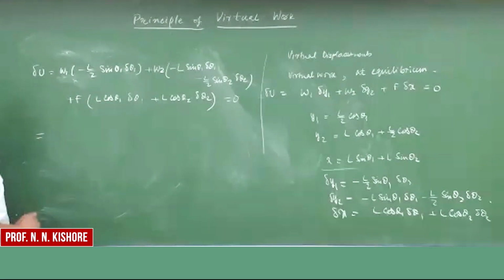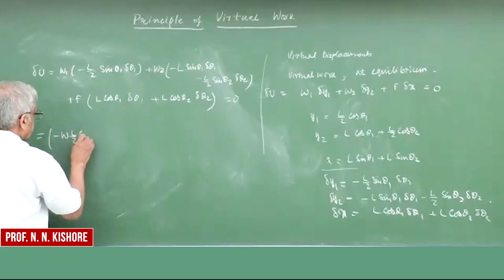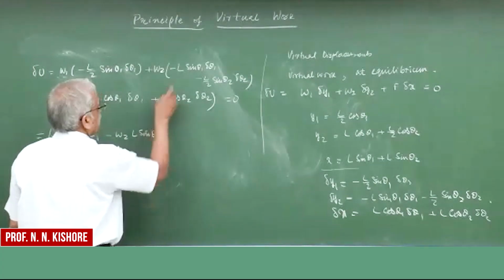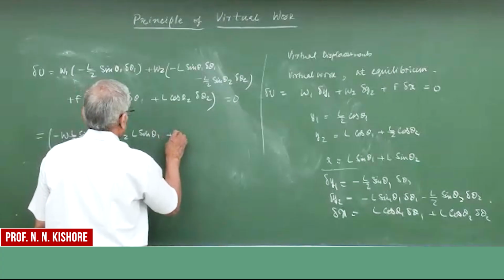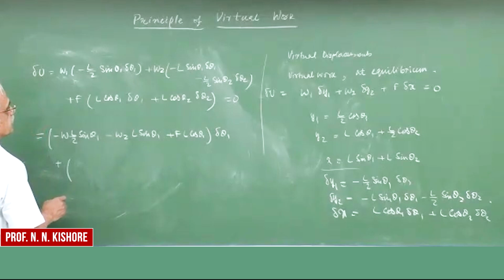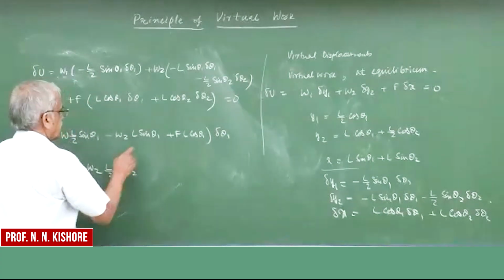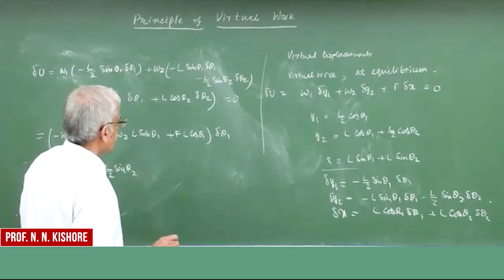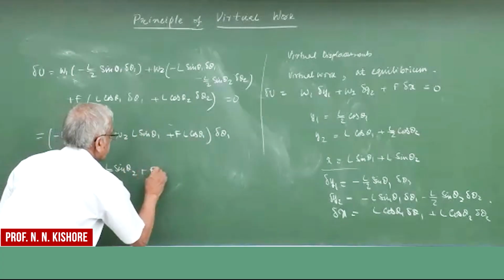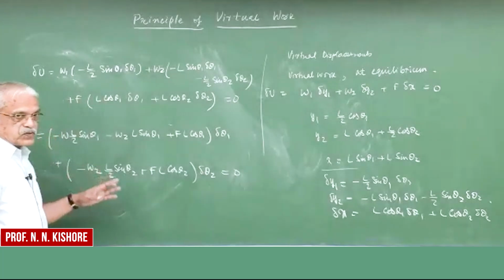So we can collect the delta theta 1 terms: minus W1 L by 2 sin theta 1, and minus W2 L sin theta 1, plus F L cos theta 1 multiplying delta theta 1, and for delta theta 2 we have minus W2 L by 2 sin theta 2 plus F L cos theta 2. This is supposed to go to 0.